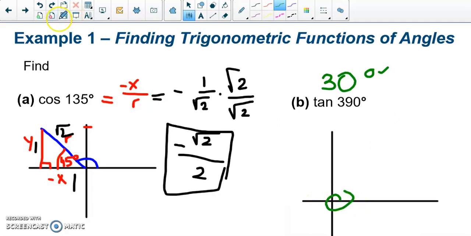So if I draw it like that, this is the 30 degrees, that's the reference angle we have, because again we always drop down the side toward the x-axis and we're making the right angle with it. So this is now 30 degrees.